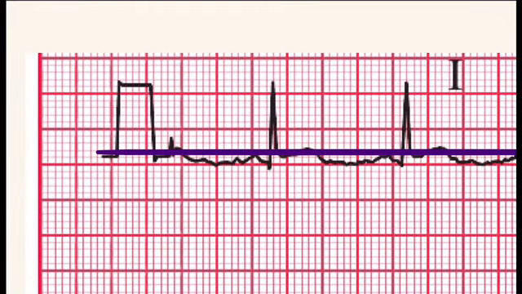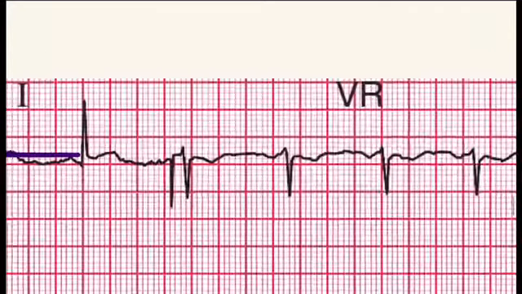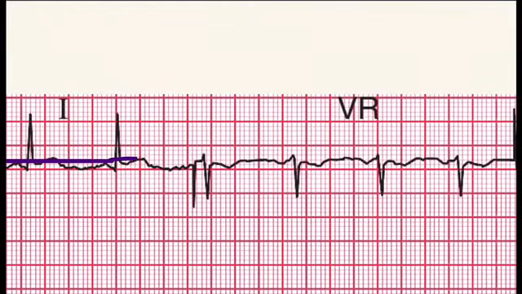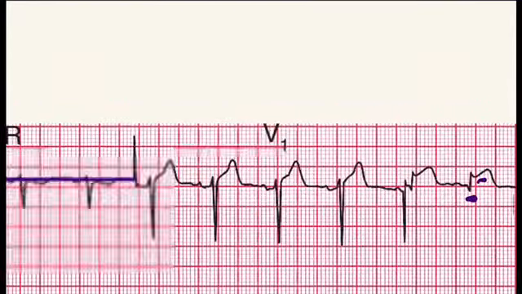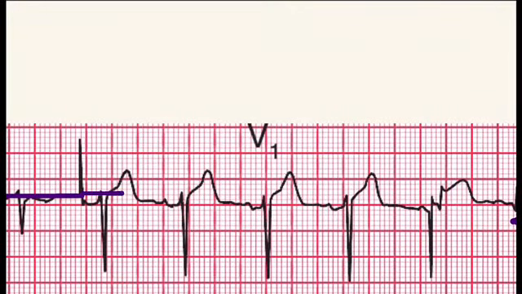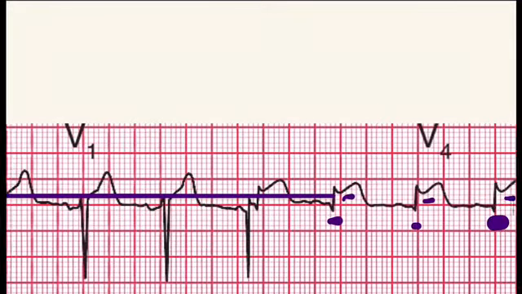Now you can appreciate that, if I draw it more, almost every time the ST segment lies on the baseline.